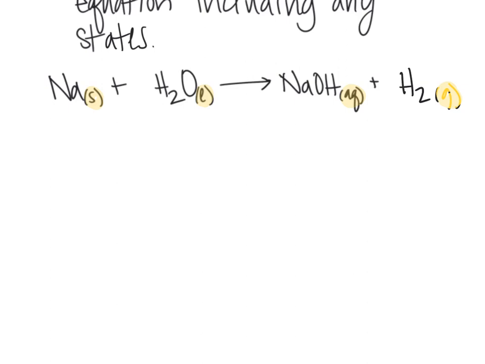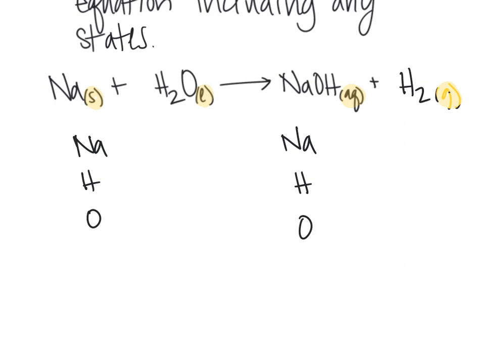So from here, we can actually go back and we're going to start the process of looking at what elements are present on each side. So we have sodium, we have hydrogen, and we have oxygen. One big trick or perspective here is to make sure that you write your elements in the same order.